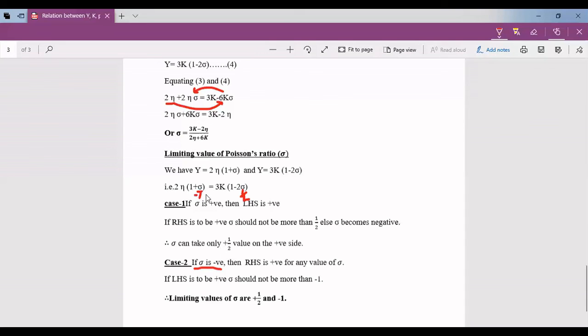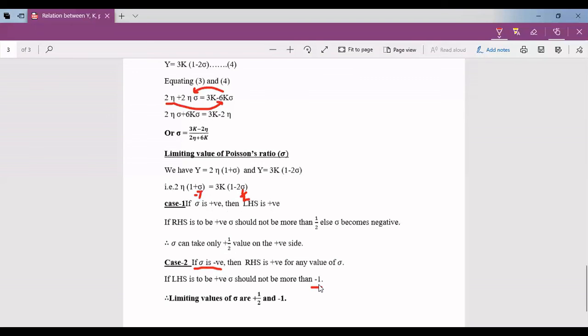So what is the limiting value? If sigma is negative, the RHS will be positive for any value of sigma. Whatever value you give for sigma more than minus 1, the equation does not satisfy. The LHS is to be positive, so sigma should not be more than minus 1.